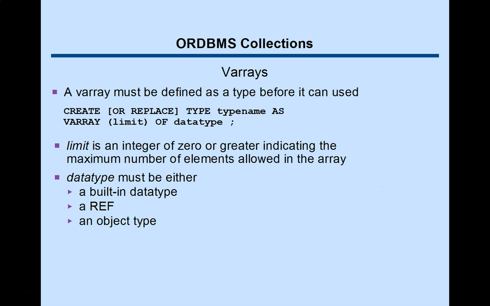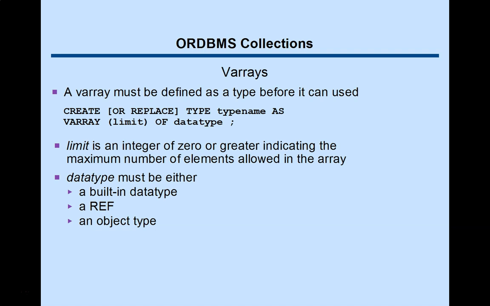Just as with the nested table type, V-array is also a type. We can create instances of the V-array, but the type must already exist. We accomplish this by using the create type statement. We give a name to the type, and we say that it is a V-array and specify that limit, or that upper bound. Then we indicate the composition, what type of element will be stored within the array.